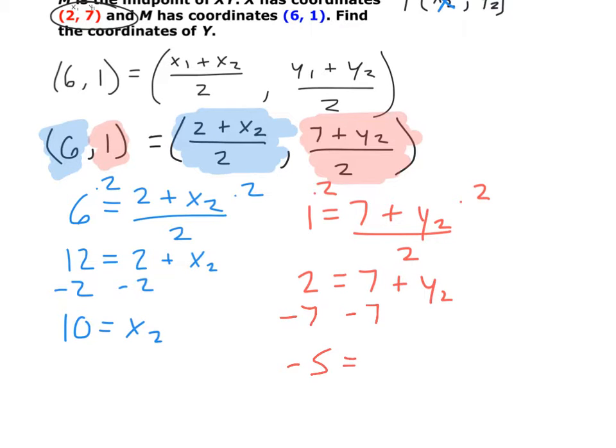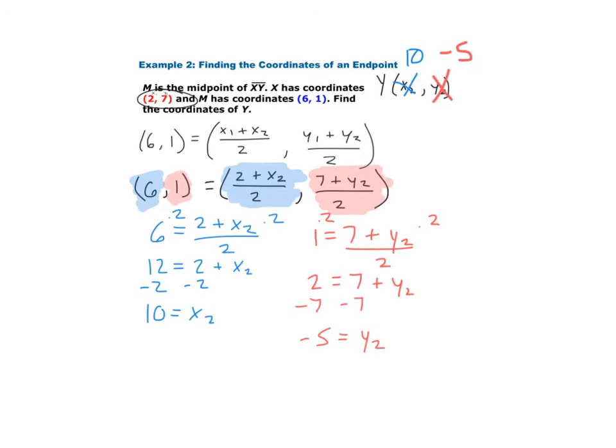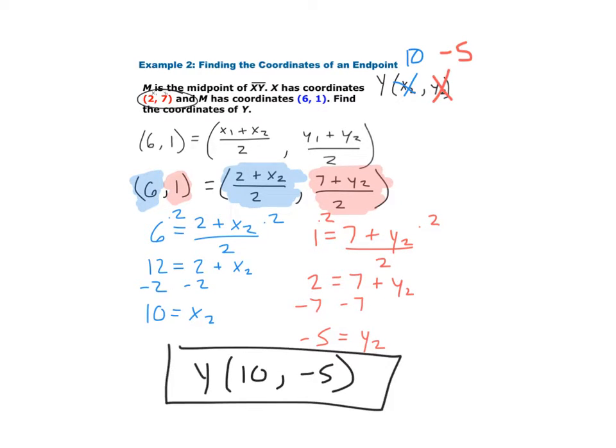Negative 5 is equal to y2. So we can cross this y2 off and put negative 5. So our coordinates for Y are 10, comma, negative 5. And that's our answer. Any questions?